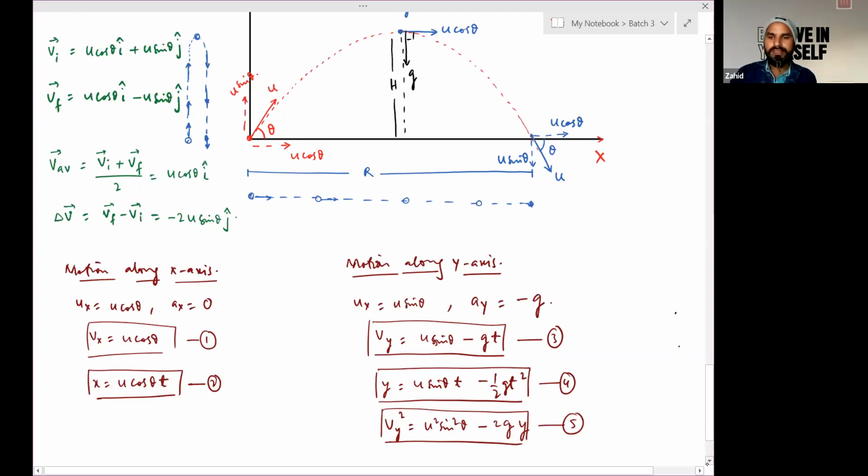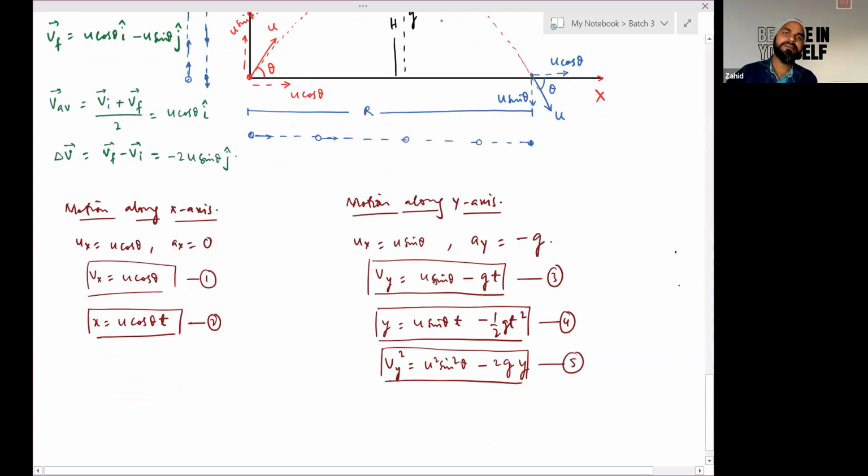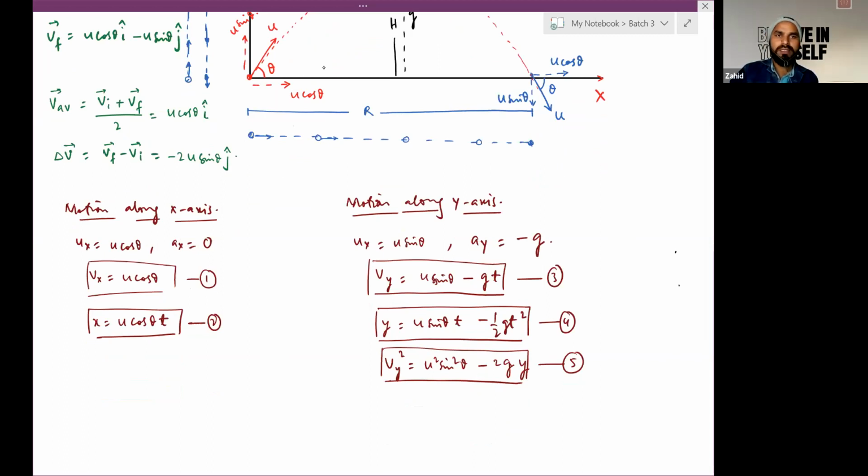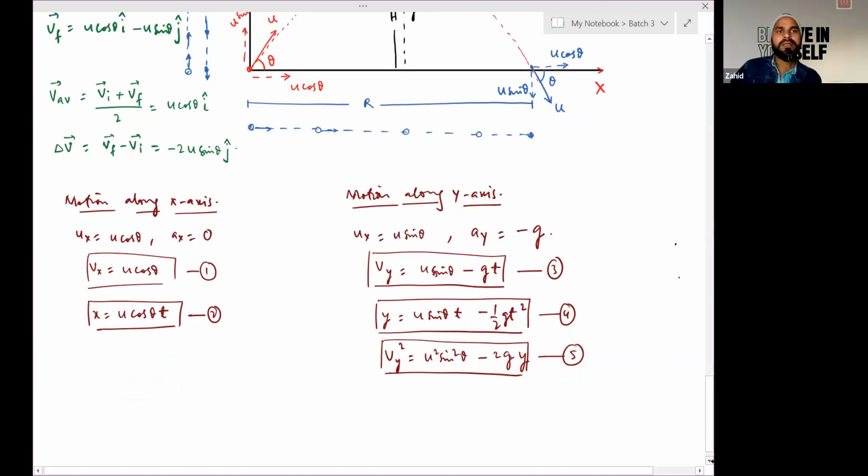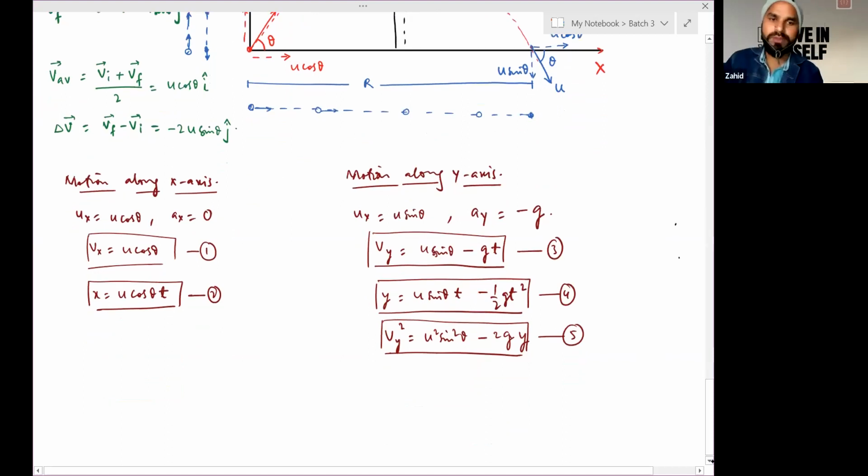Now using these equations, we have to find first the time of flight. Time of flight means the total time taken by the body during this whole motion. Put the value of y to be 0 in equation 4.